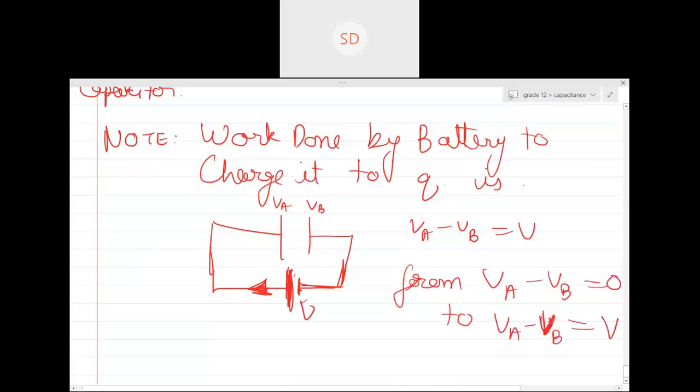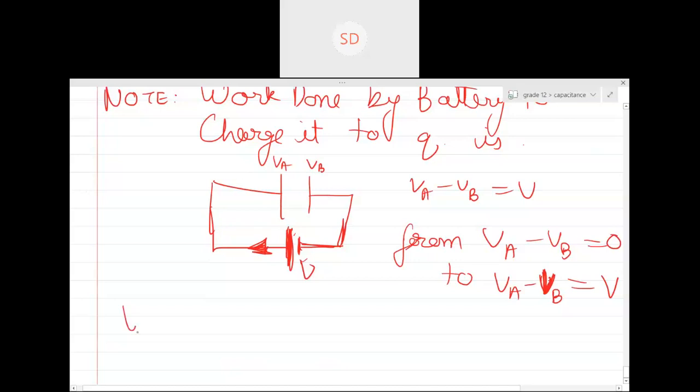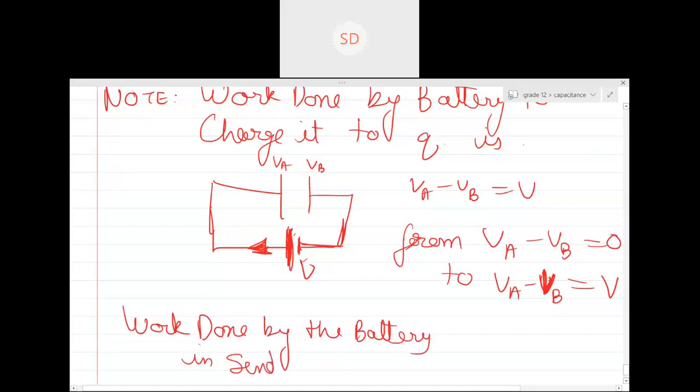What is the total work done by the battery? We'll write down the work done by the battery in sending the charge. Guys, can you see there is a difference between the two works? In both of the cases, the work is done only by the battery, right?